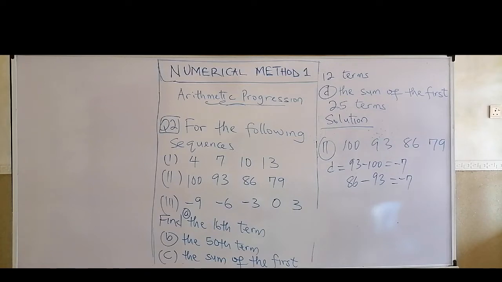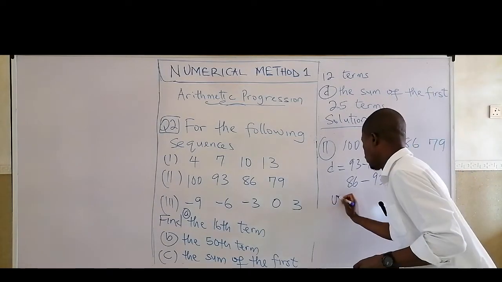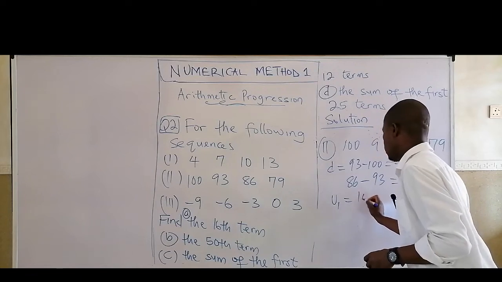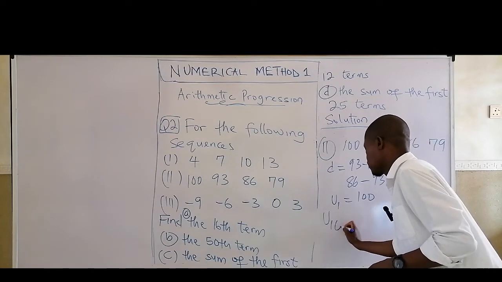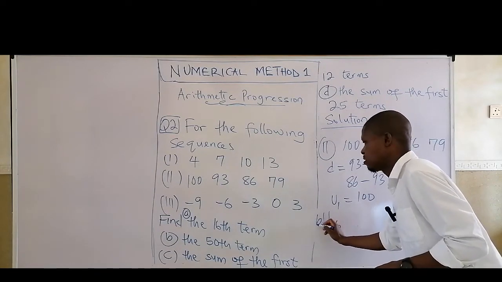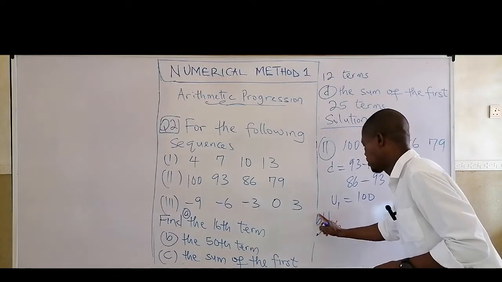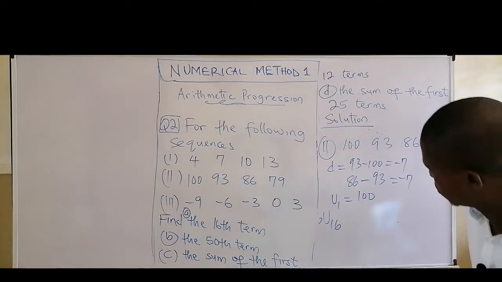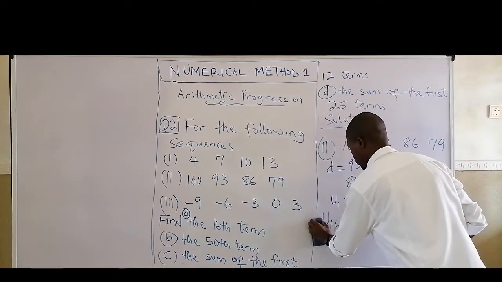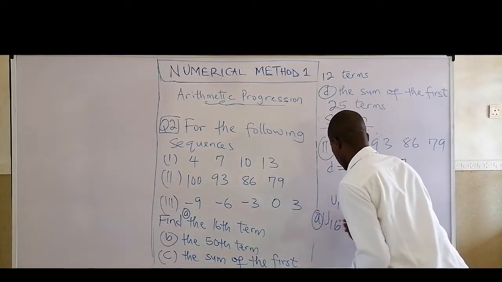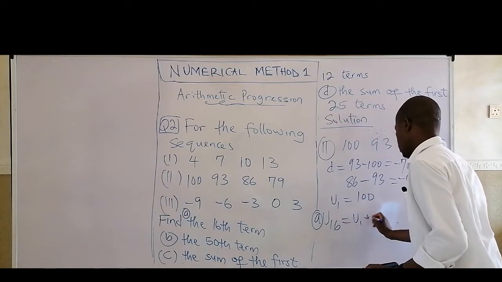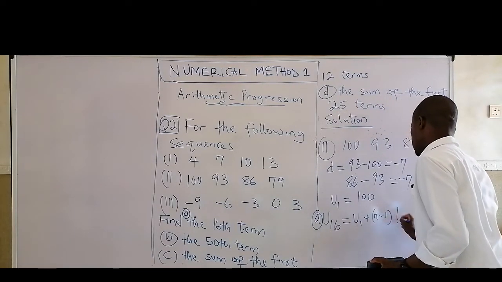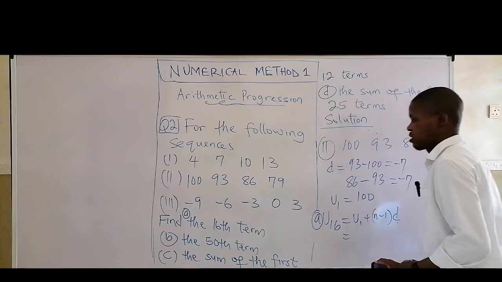Then we need to find the 16th term, and u1, the first term, is 100. For part A, u16 will be equal to u1 plus n minus 1 in brackets d.